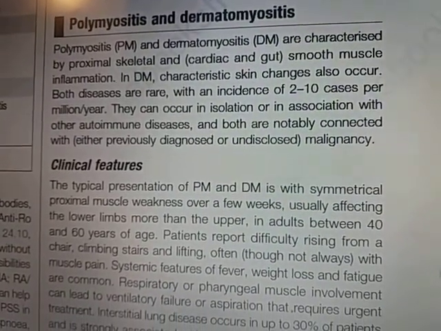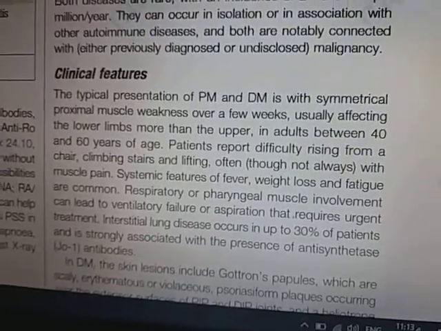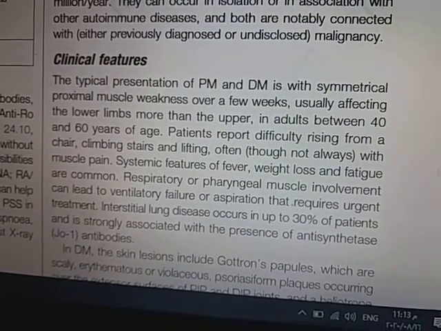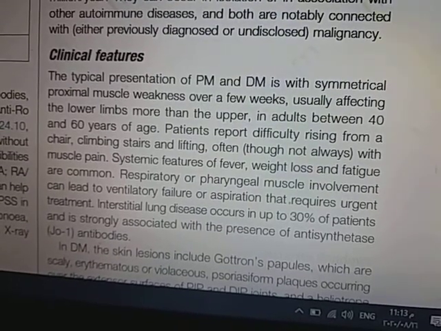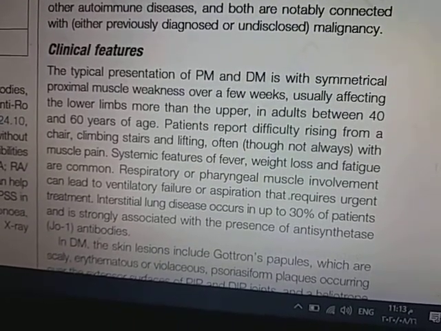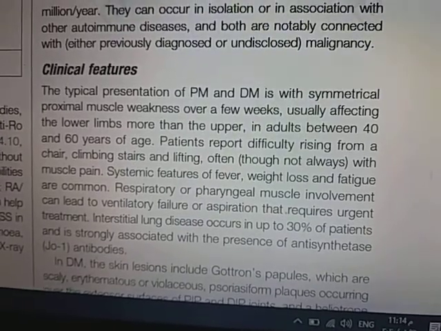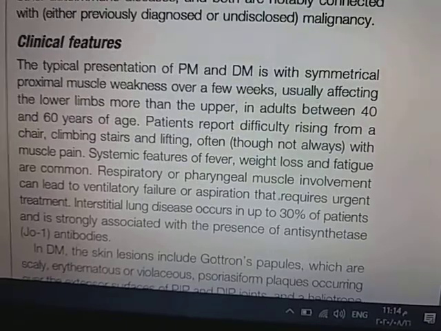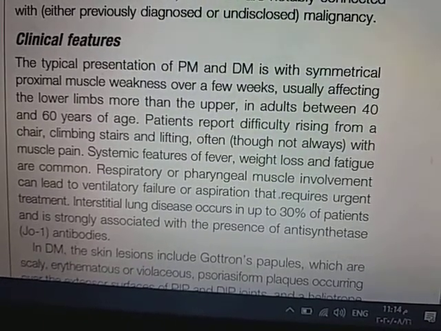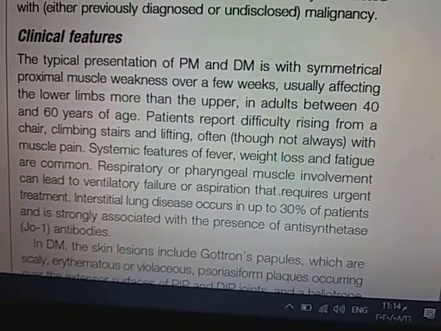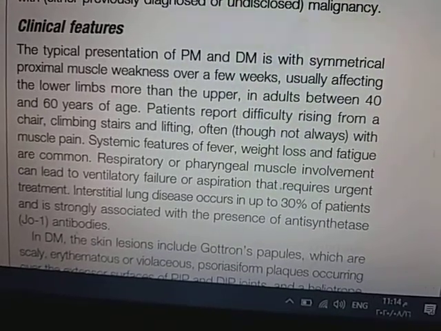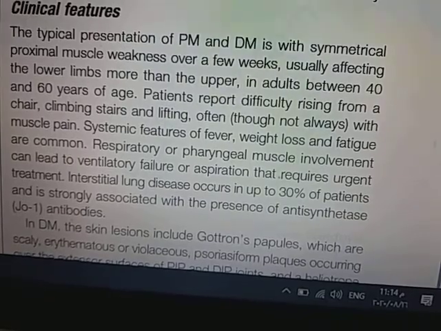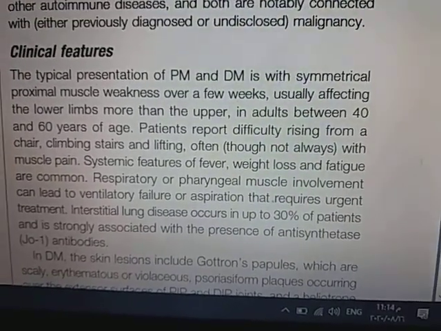The clinical features of polymyositis are proximal muscle weakness in upper and lower limbs, difficulty in rising from a chair, difficulty in climbing stairs, and lifting objects by the upper limbs.